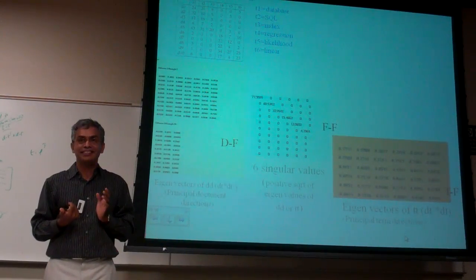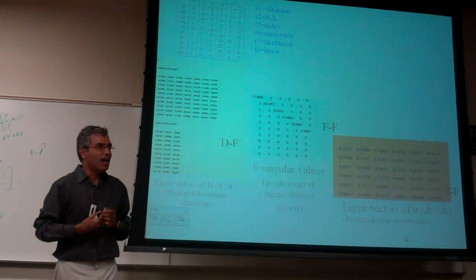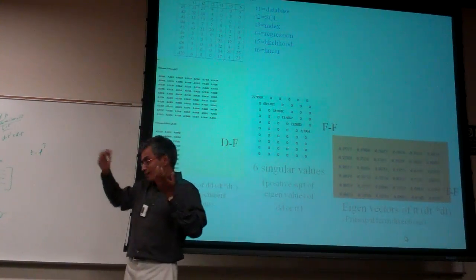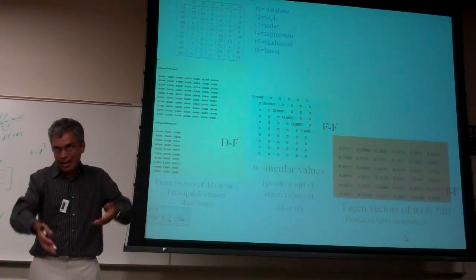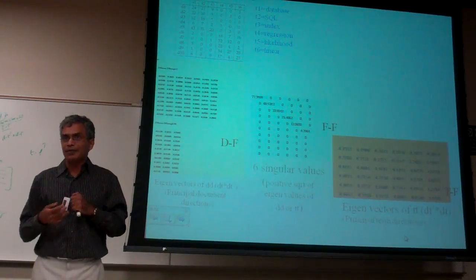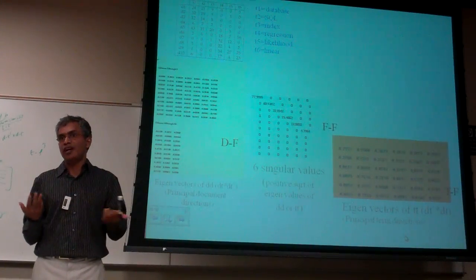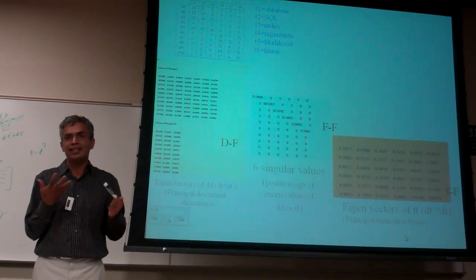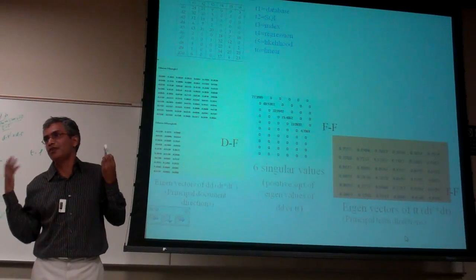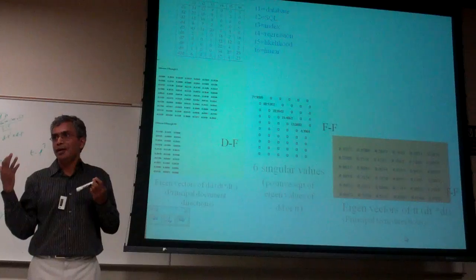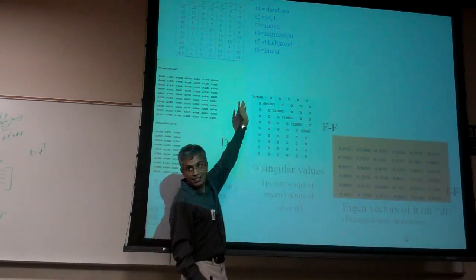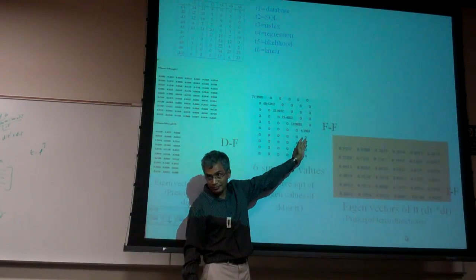Not even that. Remembering linear algebra, if you take a random square matrix, eigenvalues could actually be complex numbers. And you're taking positive square roots of complex numbers, which wouldn't be a very nice thing to do. First of all, I'm not clear what the positive square root of a complex number is. But you can take square roots of complex numbers, that's not hard. But here nicely you have all real numbers.